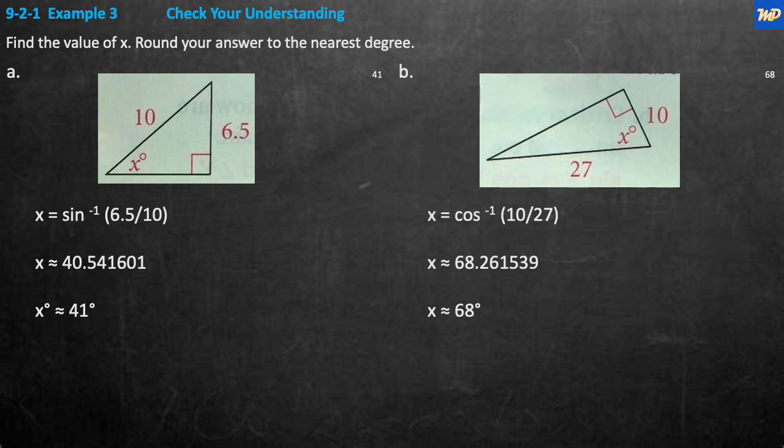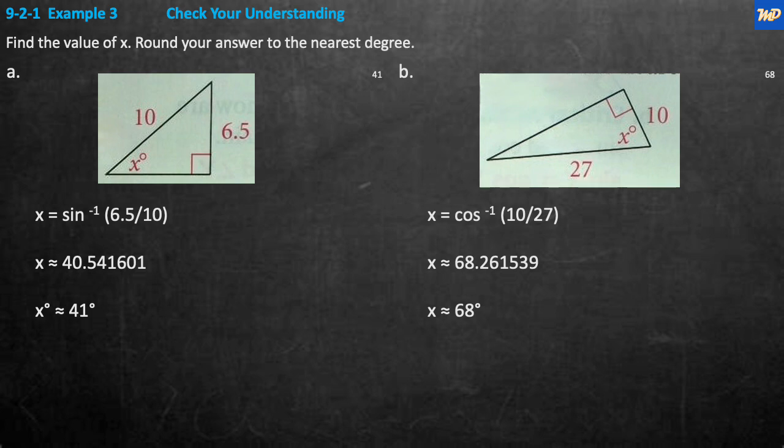And when you run that in your calculator, as we talked about before, hit the second function or shift, and then go to your sine button, and it'll show it above the button. So it's going to be the sine inverse of 6.5 divided by 10, which will give you x approximately equal to 40.541601.